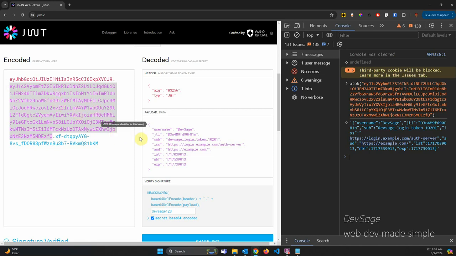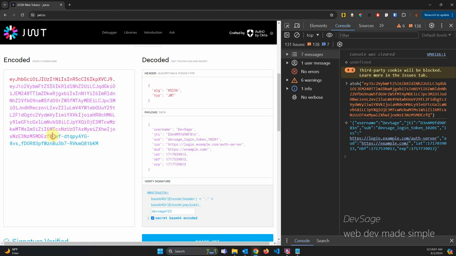That ties into the last part of a JWT, which is the signature. The signature is essentially the result of running a SHA-256 hashing algorithm and passing in as the inputs to that algorithm the base64 encoded header, so this red piece, and the base64 encoded payload, this purple piece.